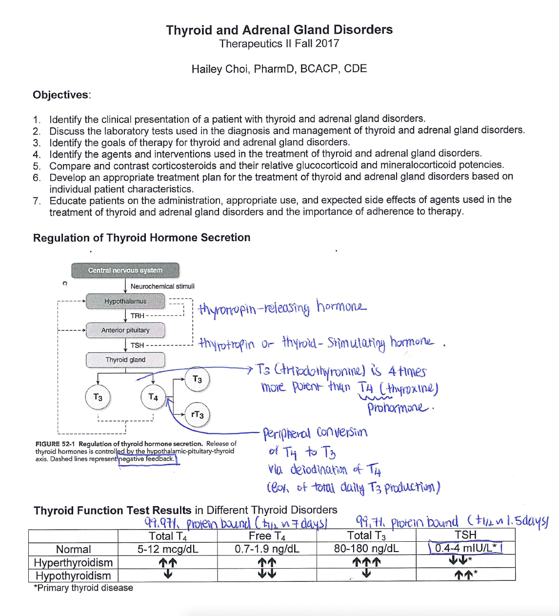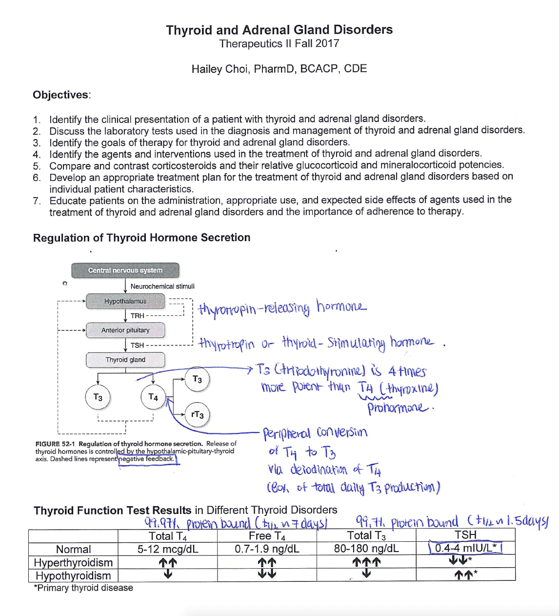The good thing is there are not that many drugs for thyroid and adrenal gland disorders, nothing like hypertension or diabetes where we have a lot of drugs to remember. So really getting a good grasp of the overall global concept, knowing which drug to be used, and what to counsel our patients for those drugs is really the key.